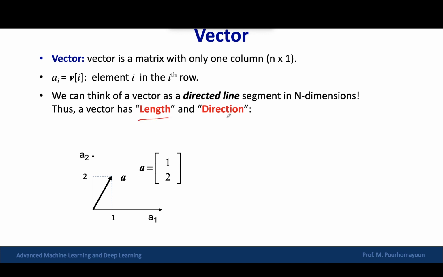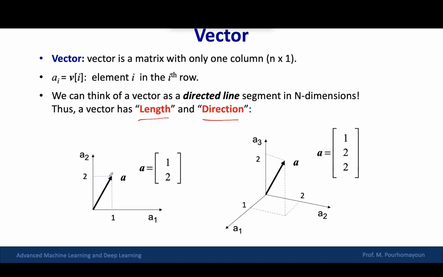So length and direction are the two features of a vector. It can be 2D or 3D or in n-dimensional space, generally speaking. There's no limit on that.